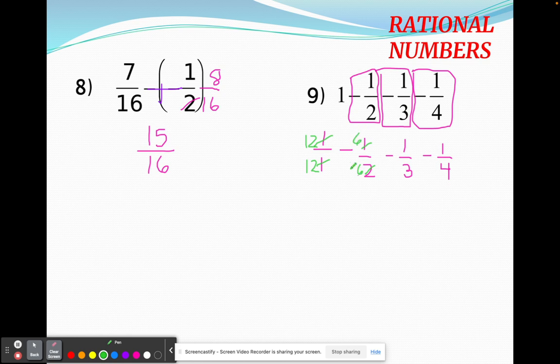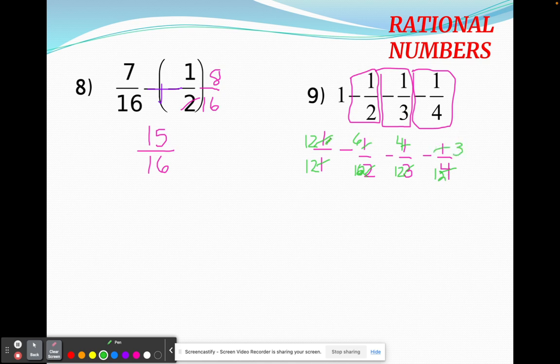I should have written what I multiplied by instead of my answer. 3, I multiply by 4. 3 times 4 is 12. So 1 times 4 is 4. 4, I multiply by 3 to get 12. And 1 times 3 is 3.